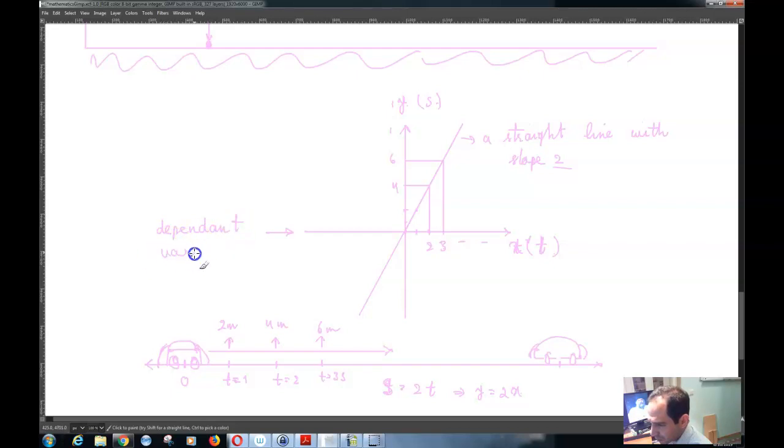This axis over here is called the independent variable.